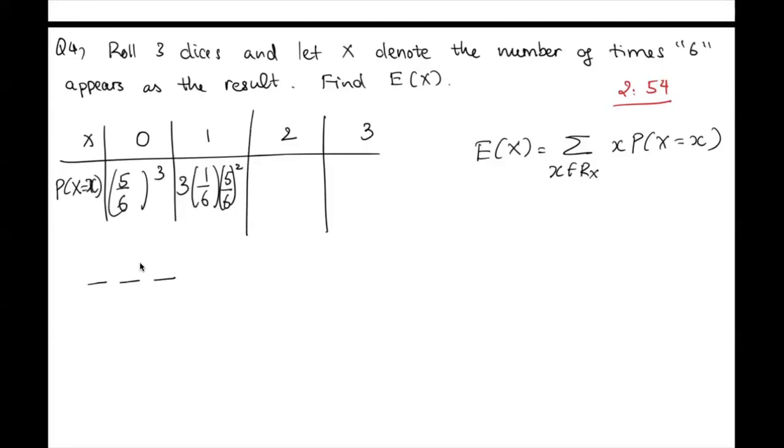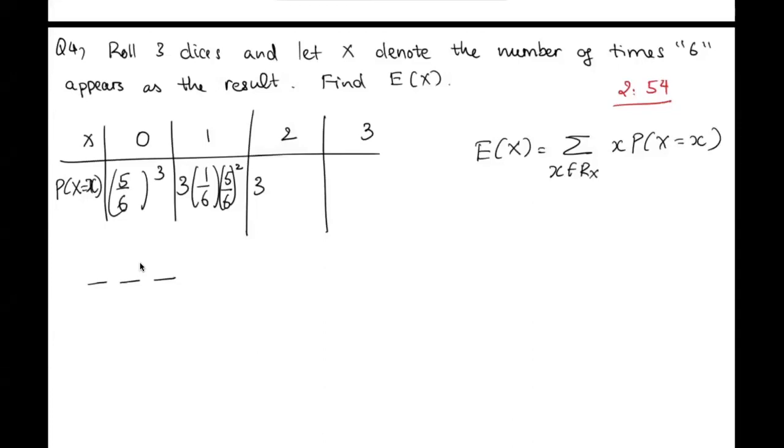Like this. Next one, 6 appears twice. If 6 appears twice, which means some number from 1 to 5 appears once. So it can appear in the first position, the second position, or the third position. So there are 3 possible positions to put some number from 1 to 5 in.